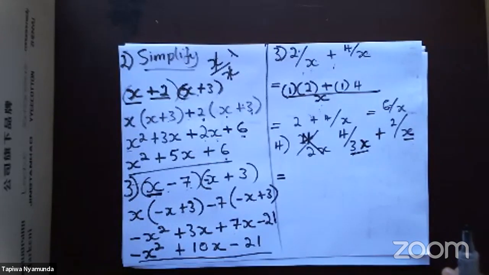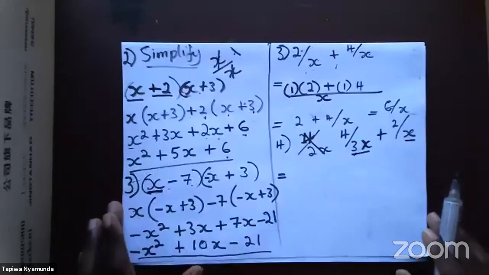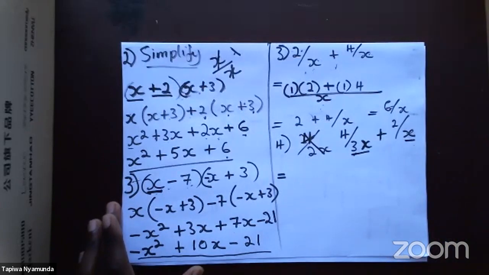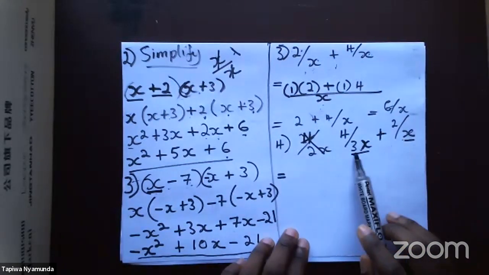So I'm going to give you a simple clue how you can easily identify that this is the common denominator. You look at the two values.